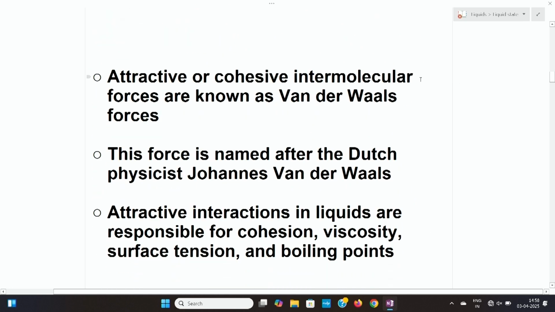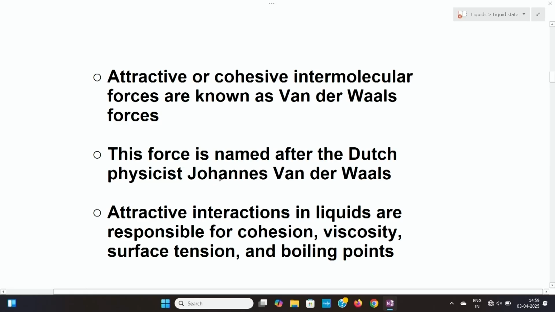When we say attractive forces, as we saw last class, because of the arrangement of the molecules in liquids, there will be attractive forces between the molecules. These attractive forces in liquids are also known as van der Waals forces, and they give liquids different properties like viscosity, cohesion, surface tension, and boiling point.